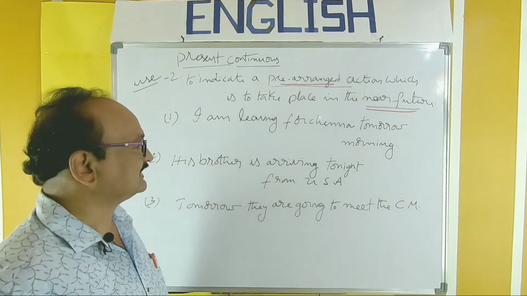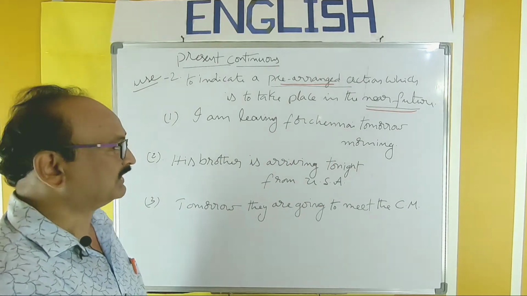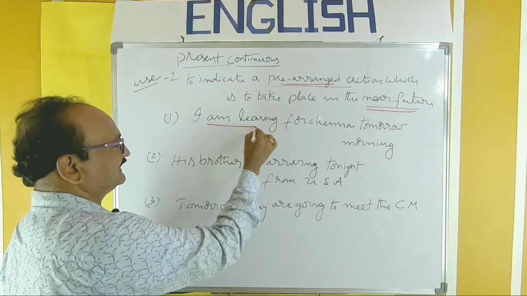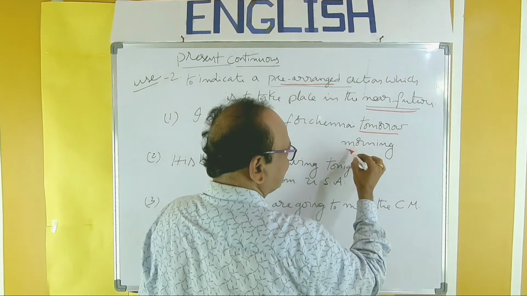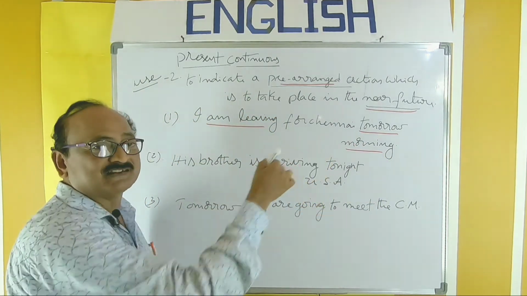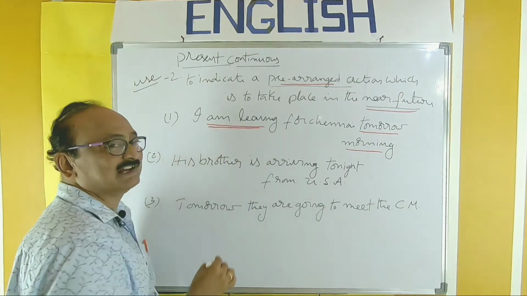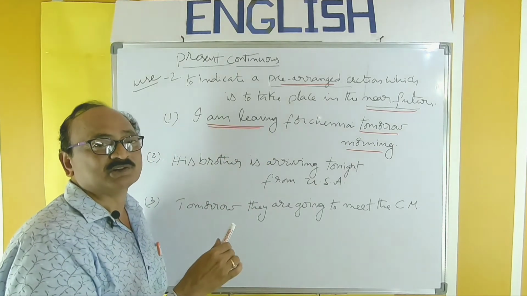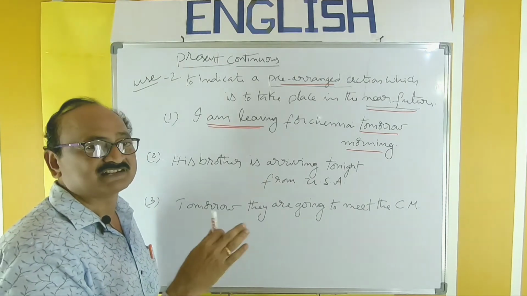Look at the example. I am leaving for Chennai tomorrow morning. That action is to take place only tomorrow morning, so almost near future, and you can express it as I am leaving. Usually people always use going to for a future action.